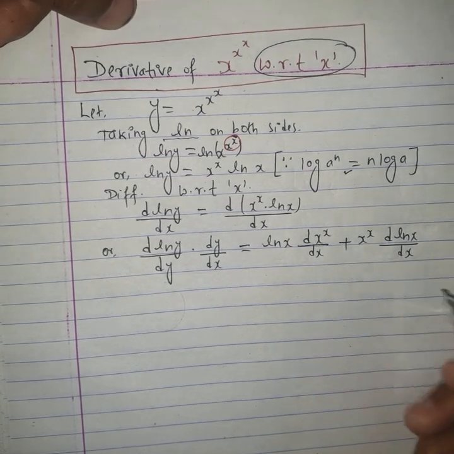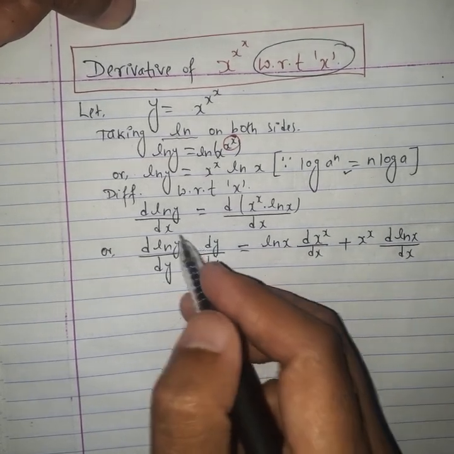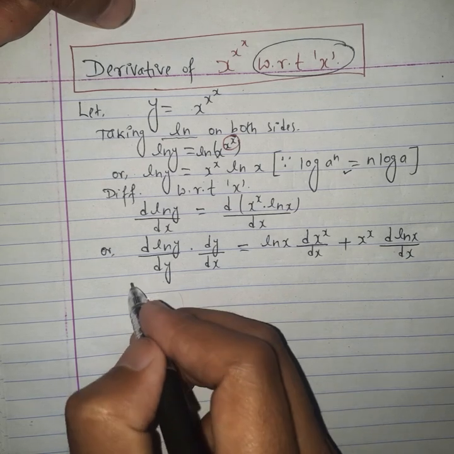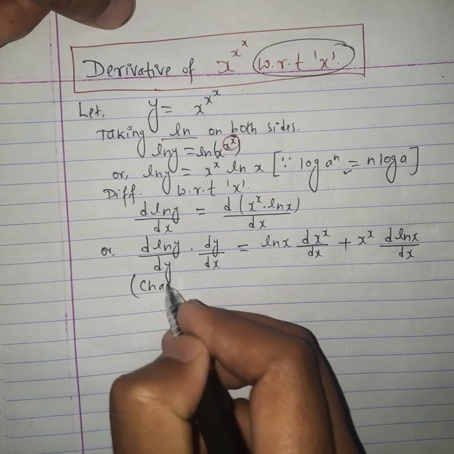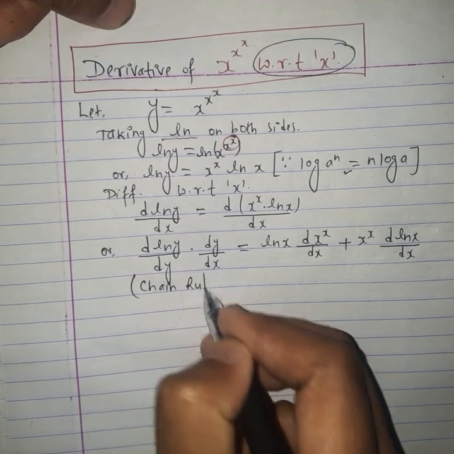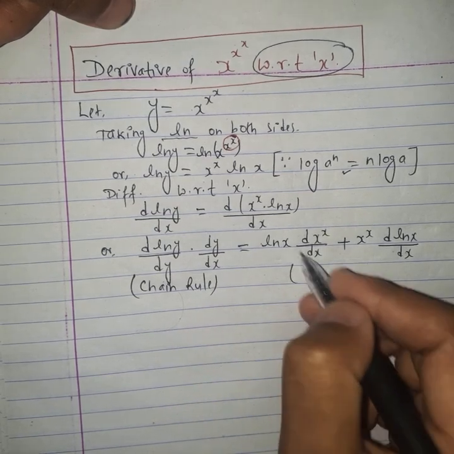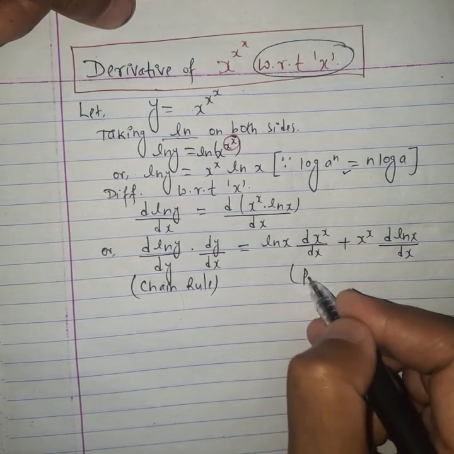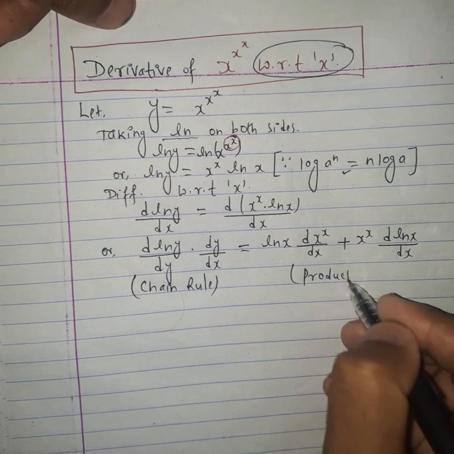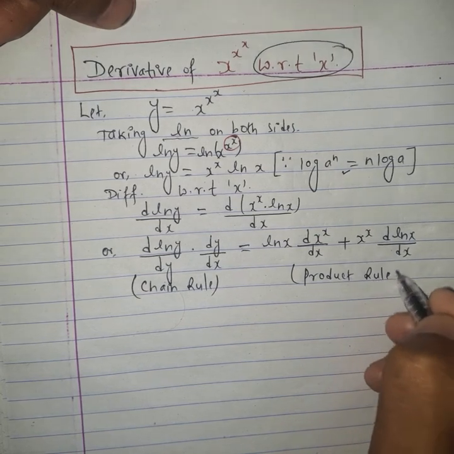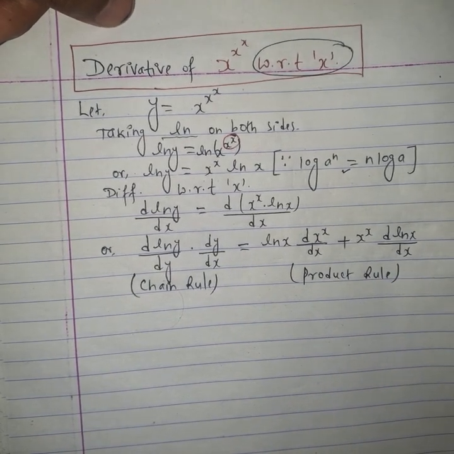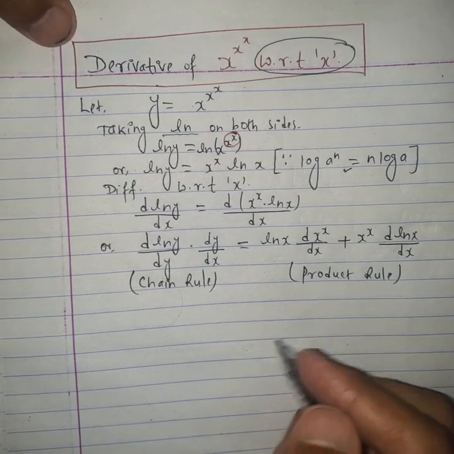This is the chain rule, and this is the product rule of differentiation.